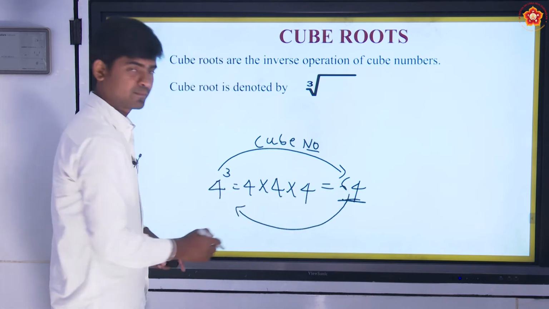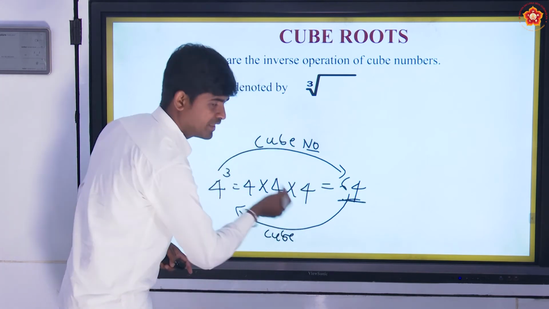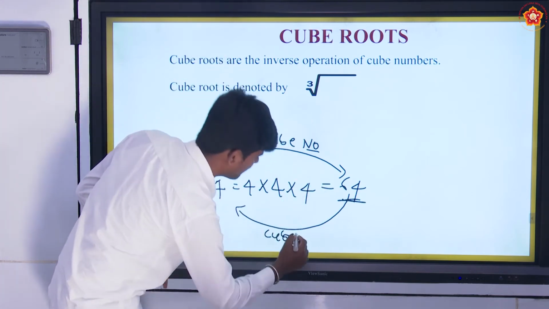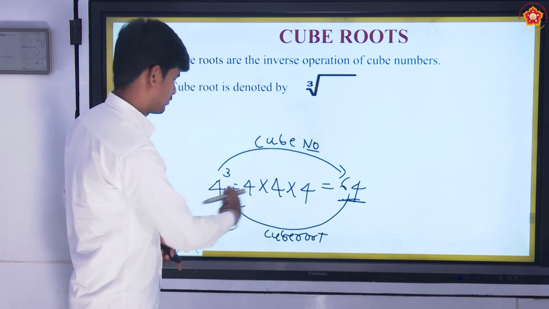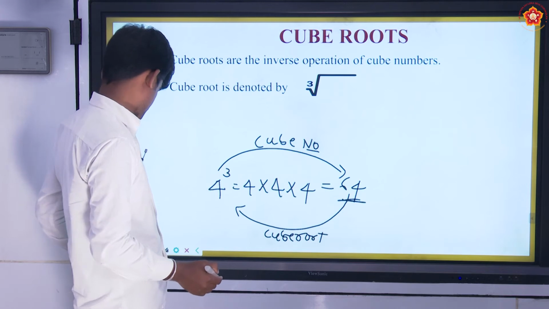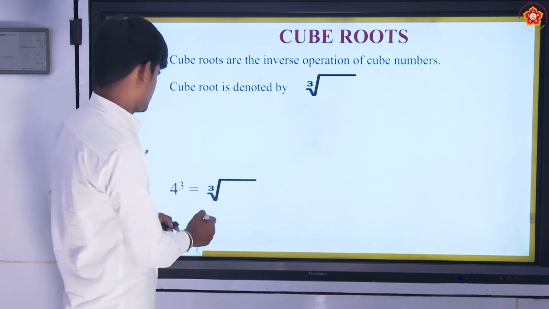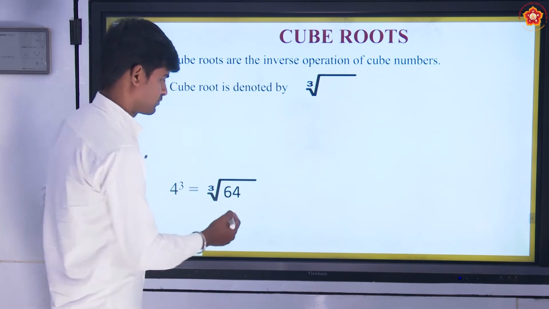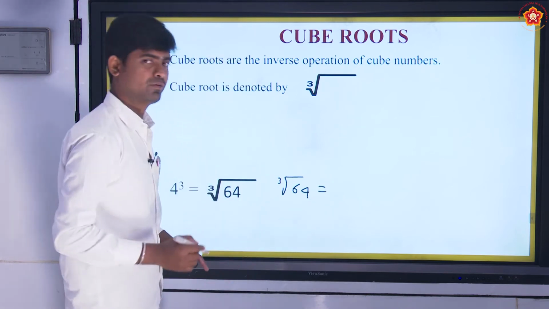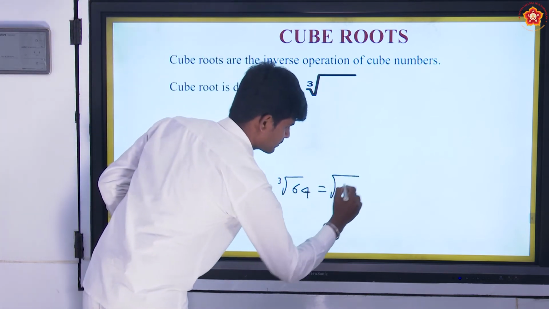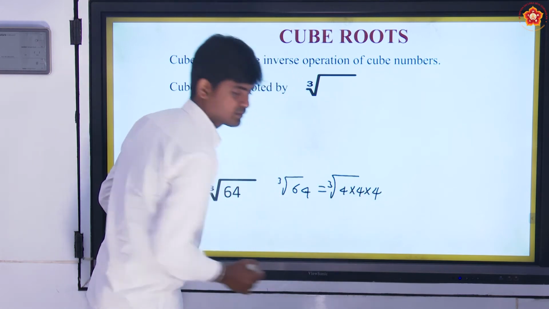Reverse it, and from the cube of that number we obtain the cube root. See, 4 cube is equal to 64. How will you write 64? 4 into 4 into 4, is it right?